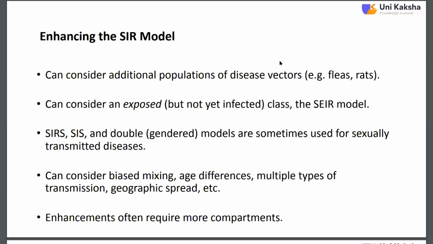As well, we can consider bias mixing, age differences, multiple types of transmission, and geographic spread. Enhancement often requires more compartments. So different kinds of parameters can be included to enhance the SIR model. Next slide, sir. And the next model is SEIR, which we will explain now. Next slide, sir.